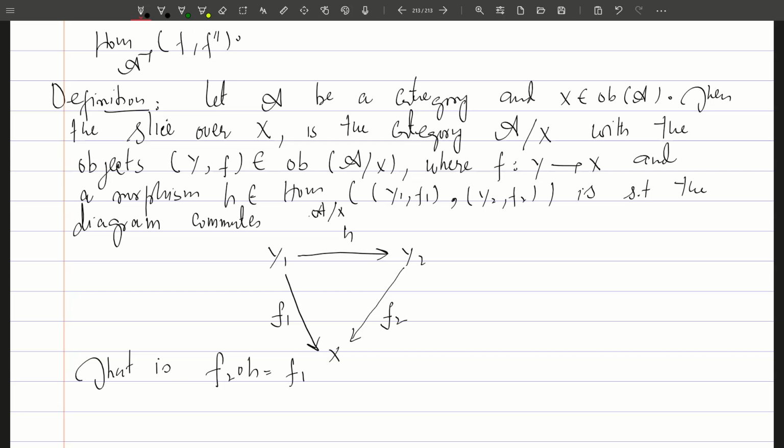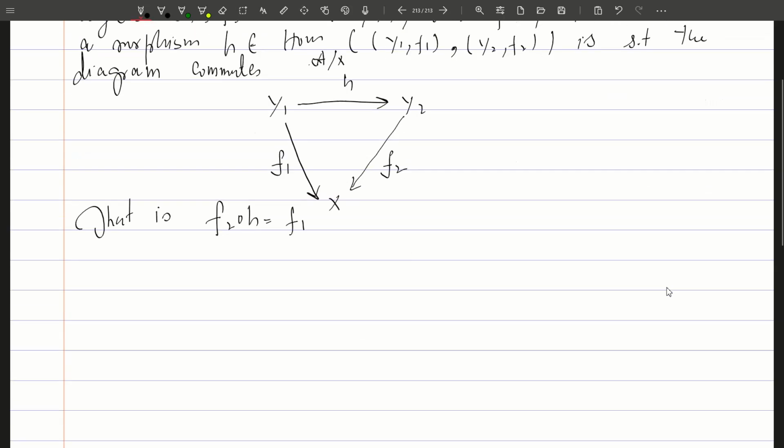So now if one wishes to look at the identity morphism on an object, it is given like this.